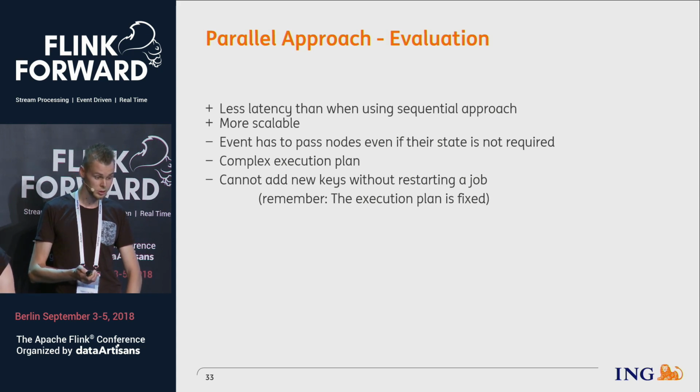And we still cannot add new keys dynamically, because the execution plan is fixed. Another drawback is that the execution plan is more complicated, especially when you have, say, 20 different features to calculate, because you can only join two streams at the same time. So if you want to join 20 streams, that's going to be hard.